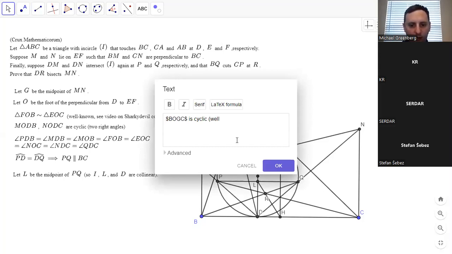So I'll just say well-known Korean problem, can be solved by letting EF intersect BC and using harmonics.